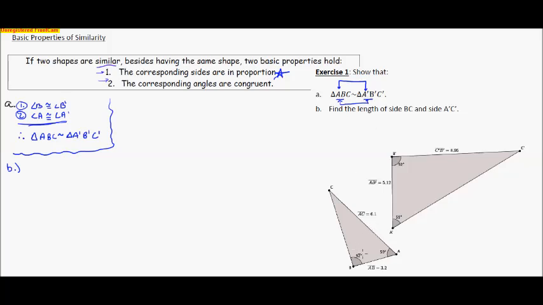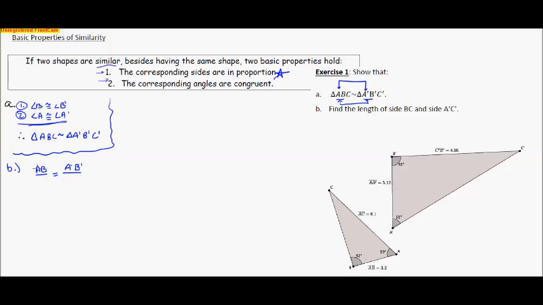And what I can do is make a proportion with the corresponding sides. A proportion, remember, is two ratios that are equal to each other. I'm going to match up the sides going from triangle to triangle, from the triangle on the left to the triangle on the right.